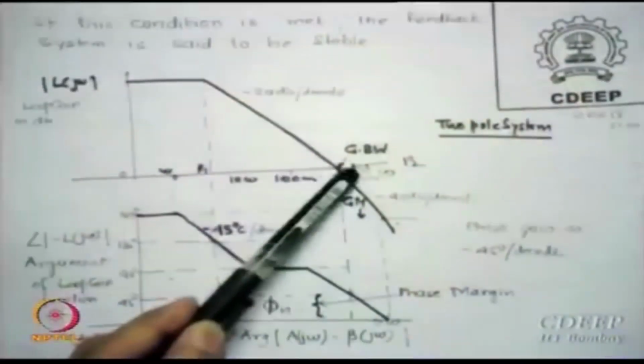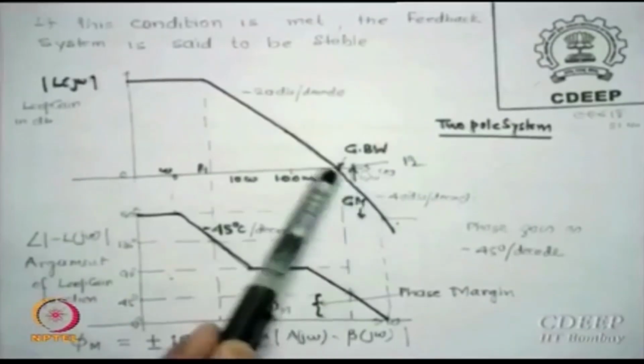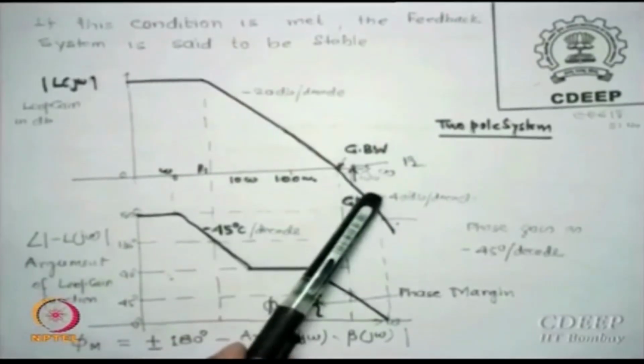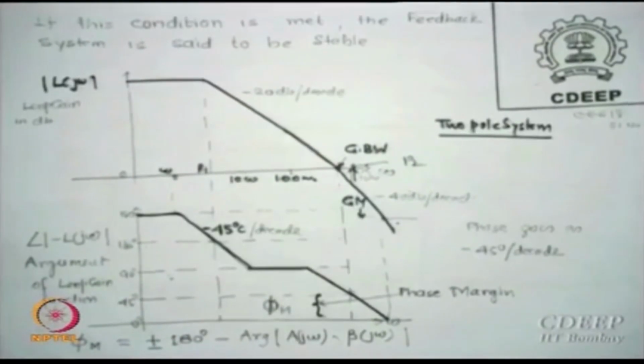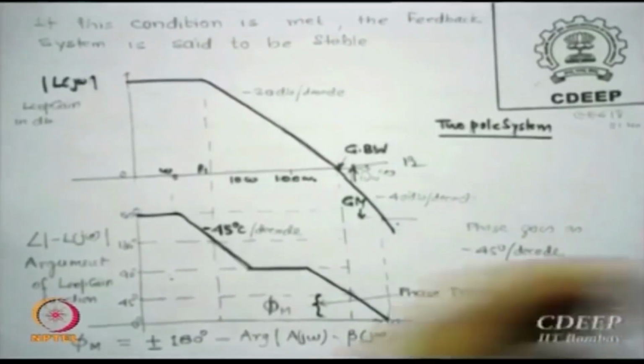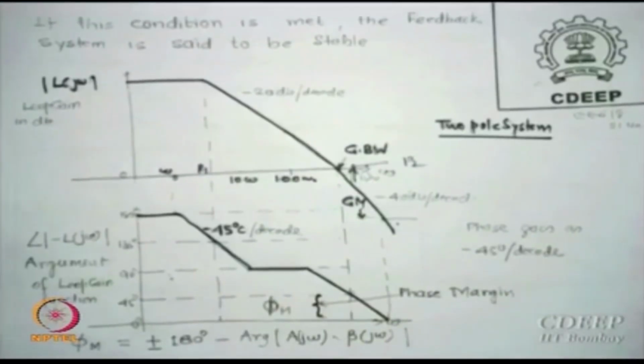So please do not think that 0 is not safe. 0 plus is safe, but safer is 45, it is even safer. Now to make it higher, obviously you can see if this pole occurs even farther, not from here but somewhere here, that is even safer, because the second pole's 135 value will now reach even closer, and by then gain bandwidth already shows more than 135 degrees, which means more than 45 phase margin.